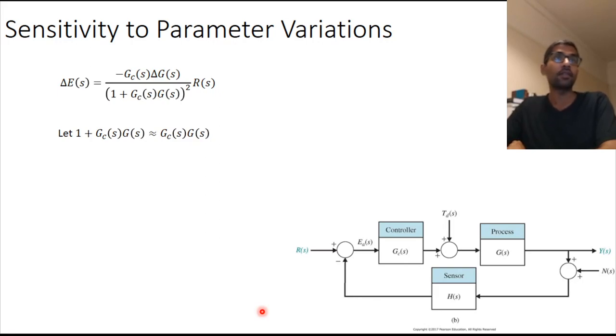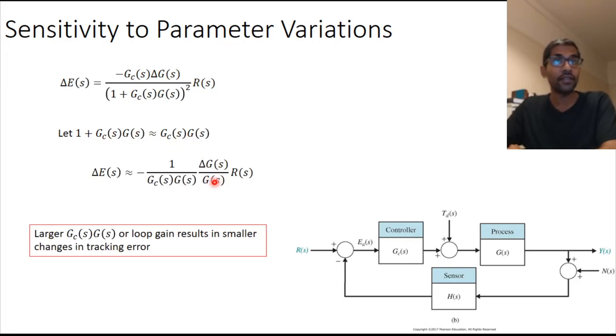Okay, now of course you could do a little bit more simplification, and if you assume that GCG is much higher than 1, then you can write an approximation like this, and you get an equation like this, which means the effect of the change in the process on the error is going to depend on the loop gain.